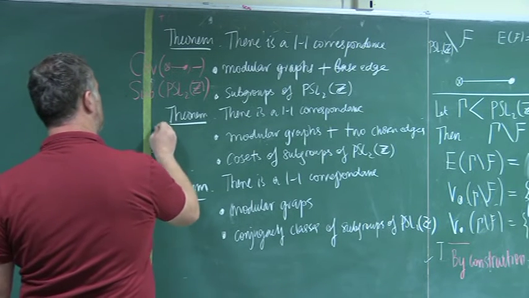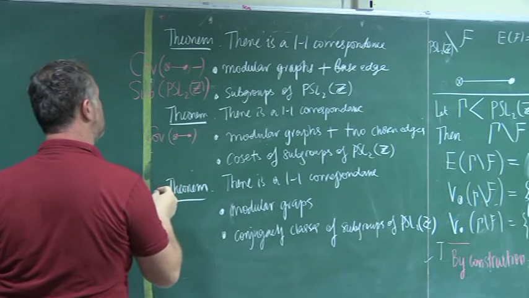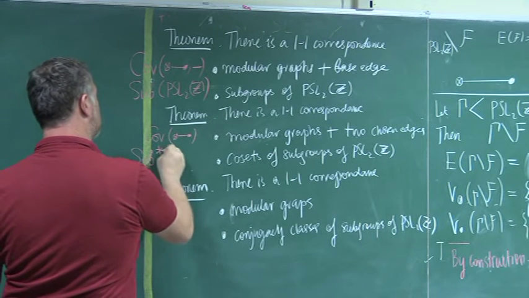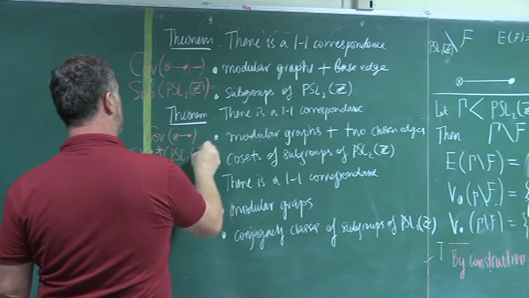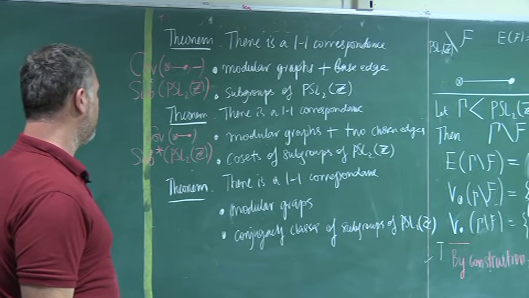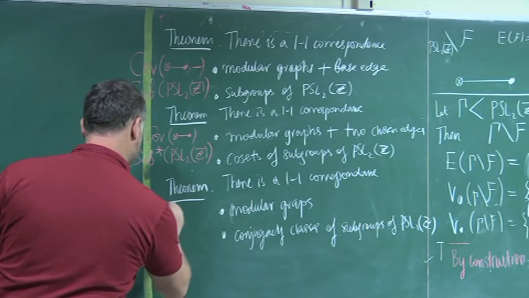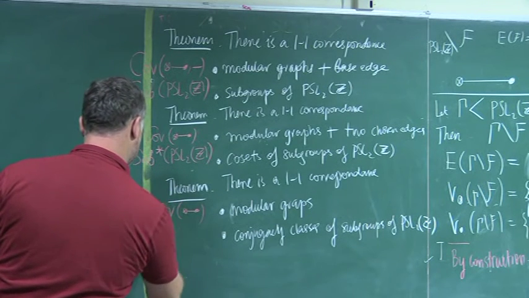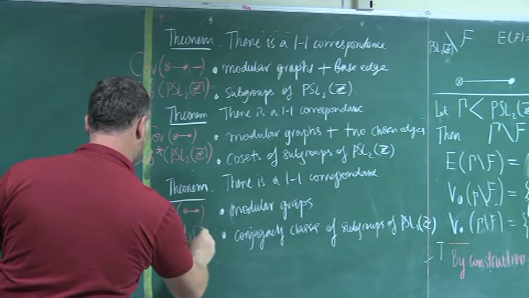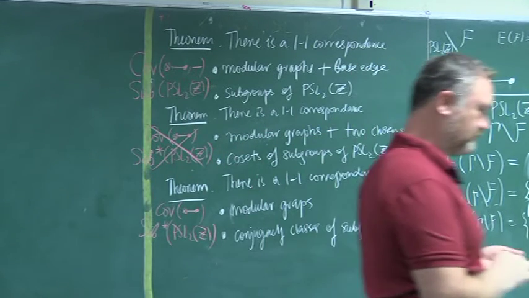Here we denote coverings without base edge, and here we can write sub star PSL2Z, the set of conjugacy classes of subgroups. Well, I have no name for the set of cosets of subgroups of the modular group.